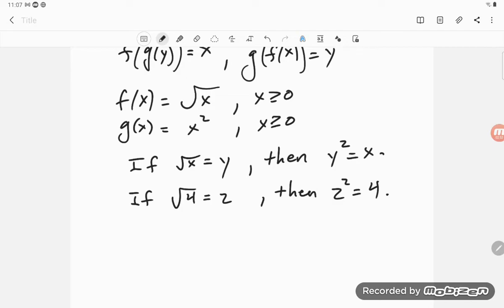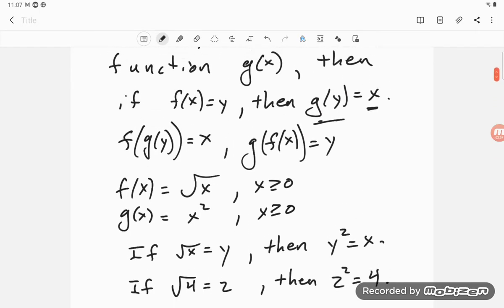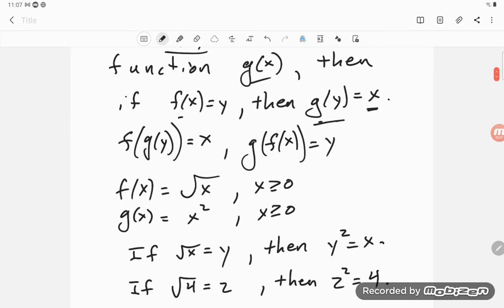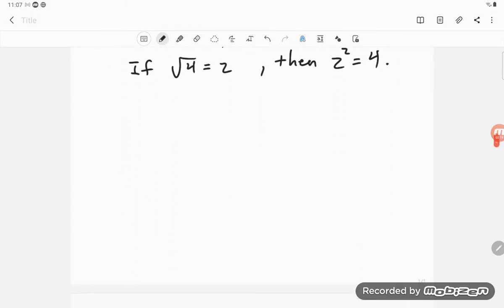So that's the idea with inverse functions, and it can get a little confusing because typically we still use the of x idea. We'll talk about f of x and g of x, but you really have this relationship between the ordered pairs: it reverses the ordered pairs.